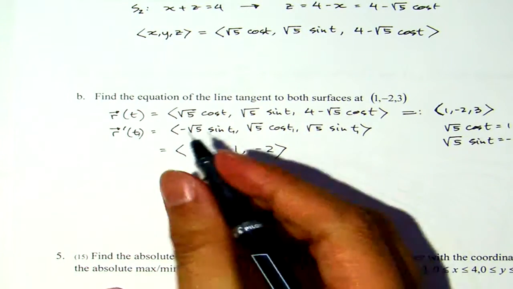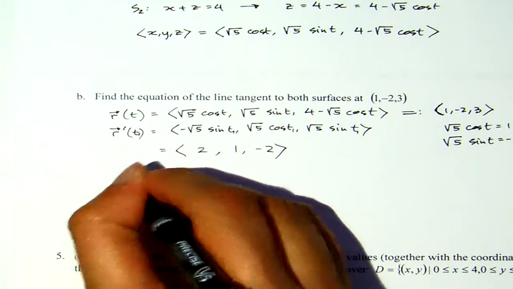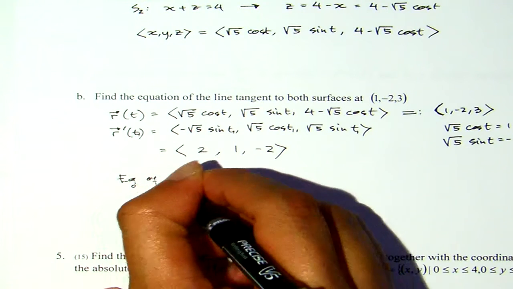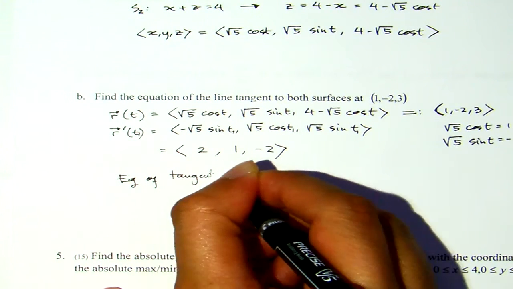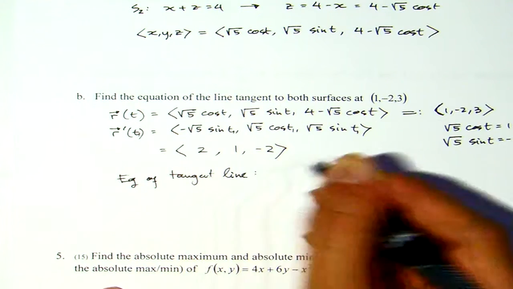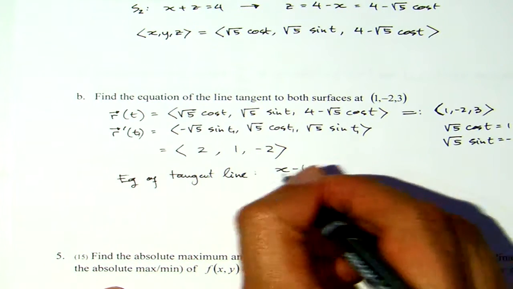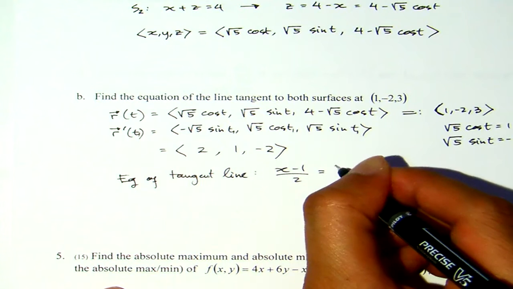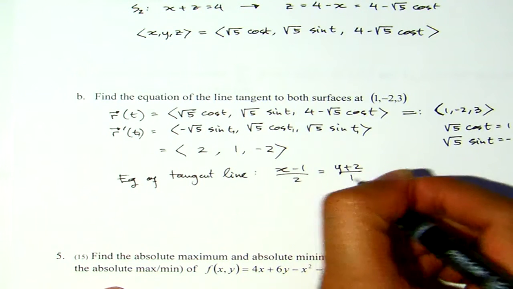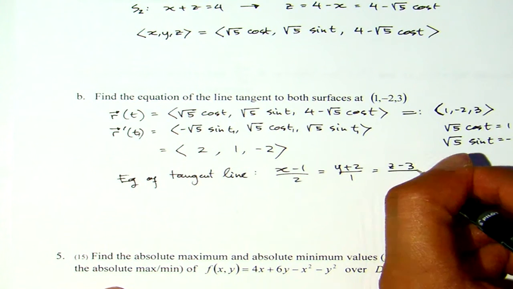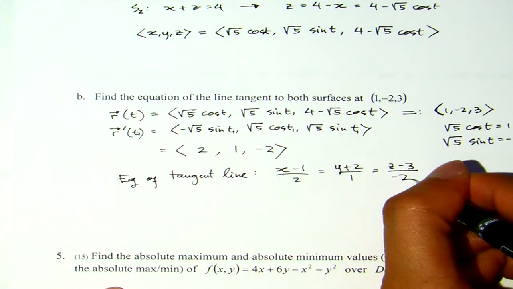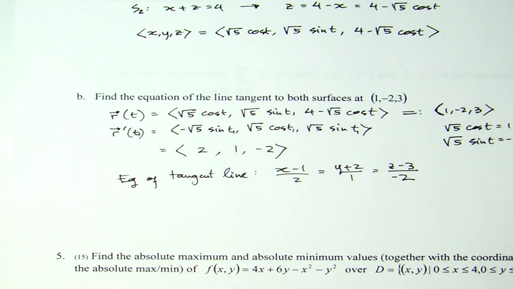Therefore, the equation of the line tangent to both surfaces at that point will be given by x minus 1 over 2 equals y plus 2 over 1 equals z minus 3 over -2.